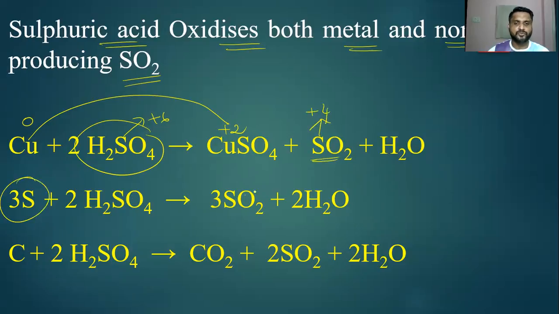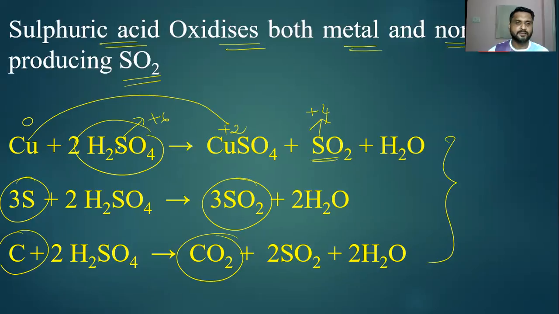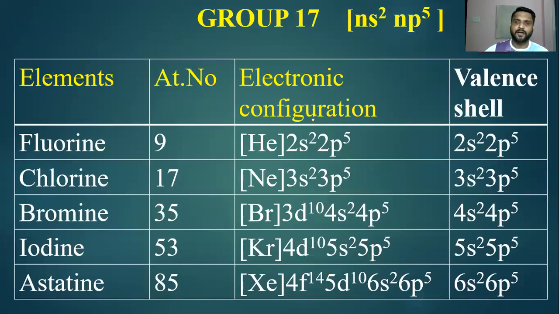Similarly, carbon gets oxidized to carbon dioxide. See here, in all these cases, when sulfuric acid reacts with copper, you will not get hydrogen gas, but you get sulfur dioxide gas. Now we'll move on to group number 17. We have ns2 np5, so we have fluorine, chlorine, bromine, iodine, and astatine.